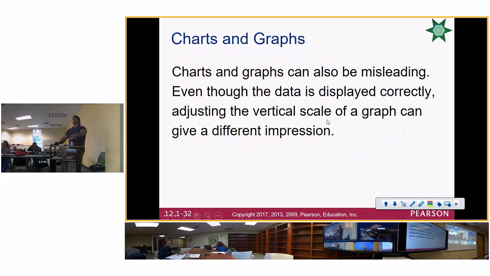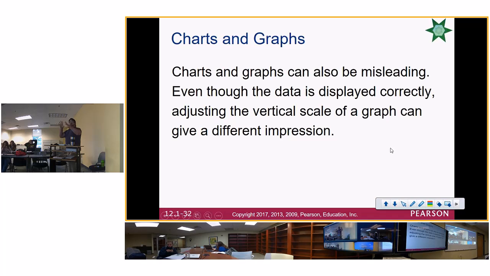Charts and graphs can be misleading. This is what you see in a lot of media, whether it's a television show or news, a magazine, or a newspaper. Sometimes it happens because of mistakes, because the mathematician gives the stuff to the graphics person, and the graphics person doesn't think about what they're doing.